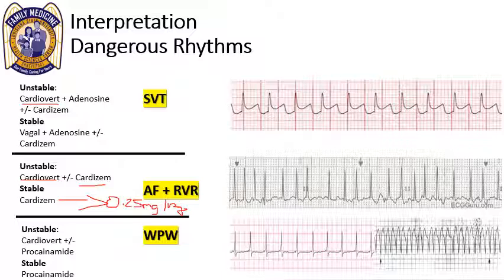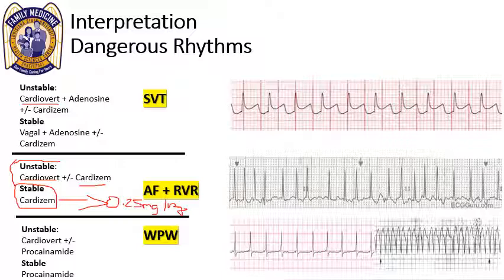Yes, that is for stable patients. If you have a stable patient that's been in AFib RVR less than 48 hours, you technically could cardiovert them. Most of the attendings will not. They'll send them to cardiology. If you have an unstable patient, then that rule does not apply. Unstable means life-threatening, it doesn't matter if they've been in AFib RVR for 2 weeks versus 2 hours, you need to get them back.